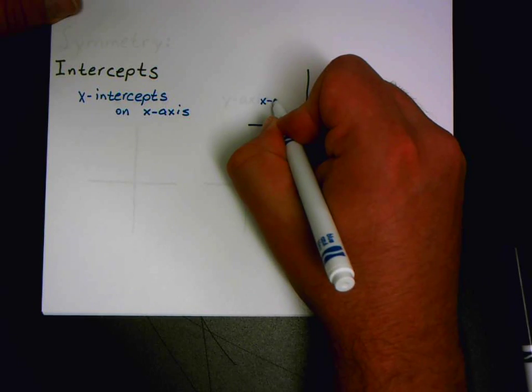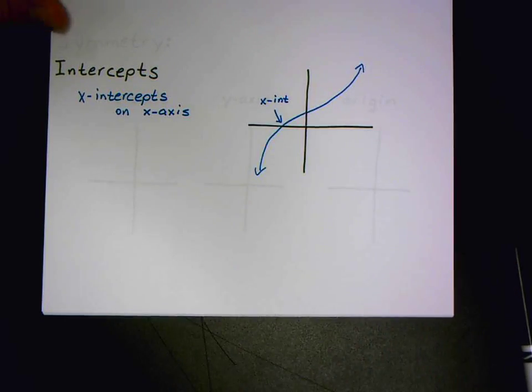Okay, what's special about the x-intercept? In the equation, what do you have to do to find an x-intercept? Go ahead. Zeros. What's zeros? Zeros and x.